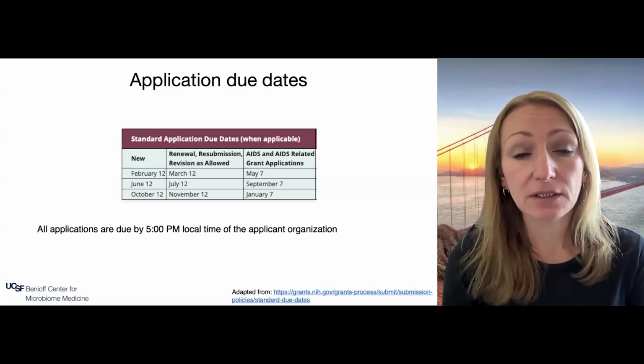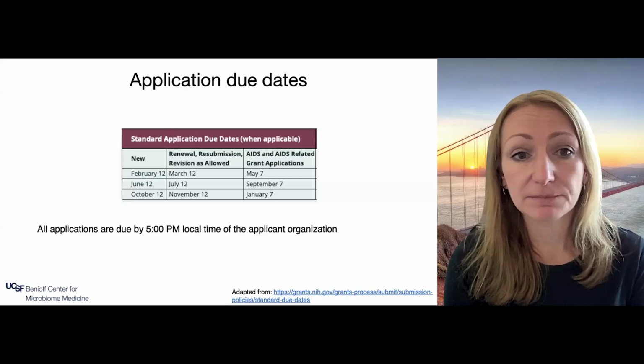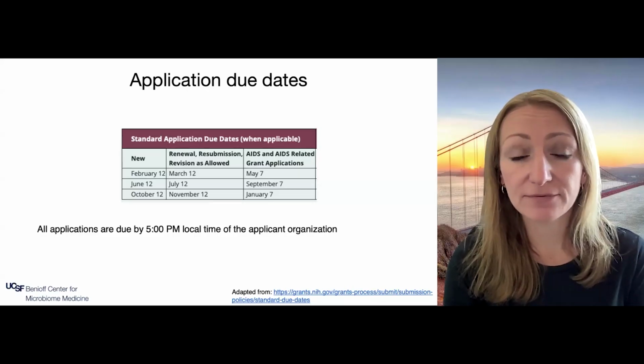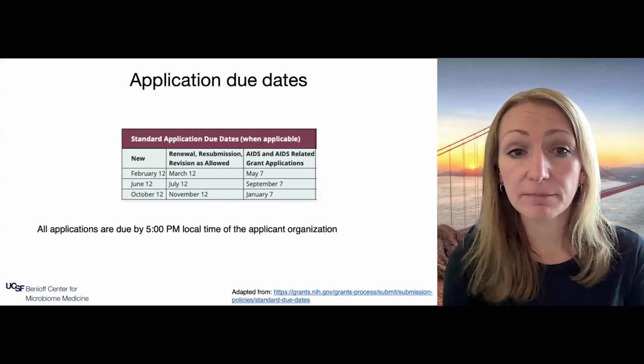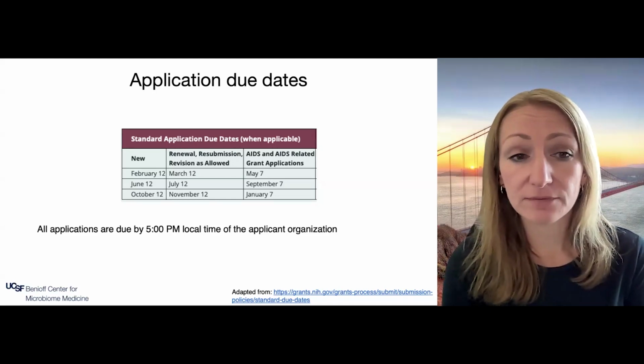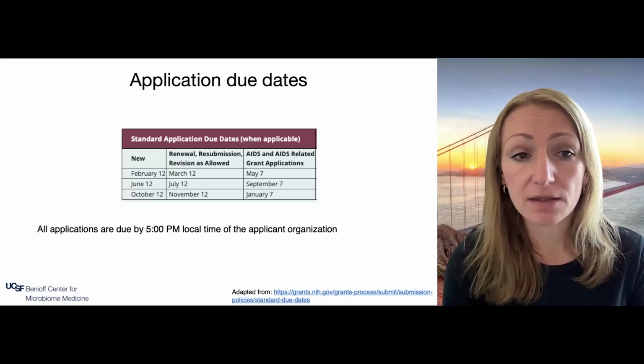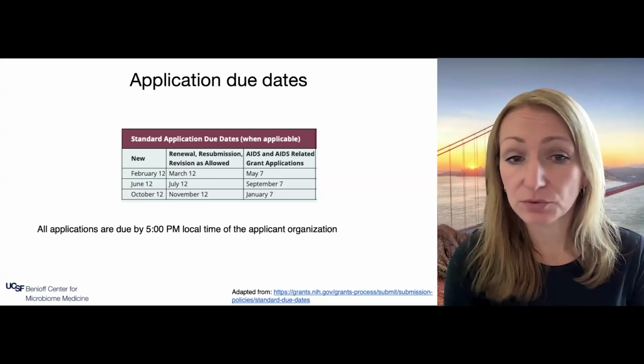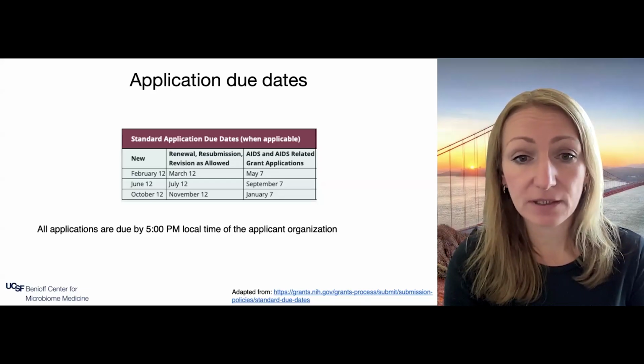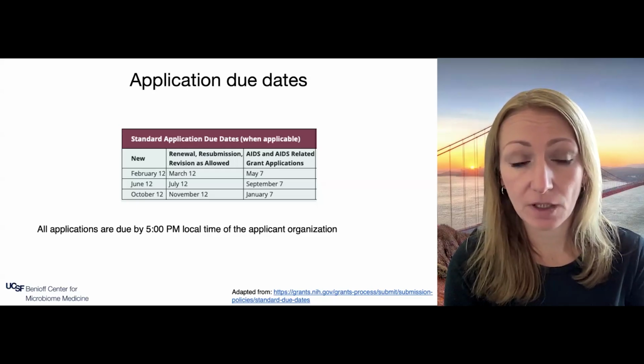Remember that there are 3 application due dates for both F and K99 applications. That's February, June, and October 12th of each year. And all applications are due, no exceptions, by 5 p.m. local time of the applicant organization.